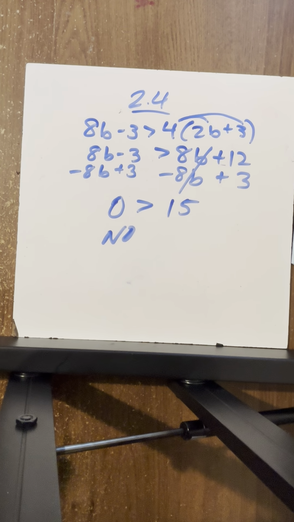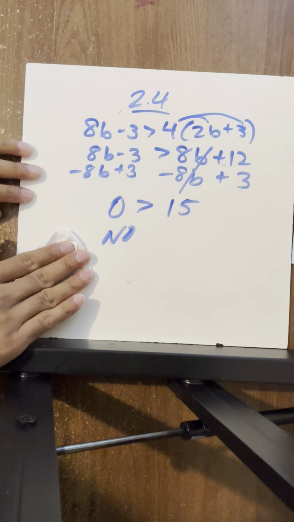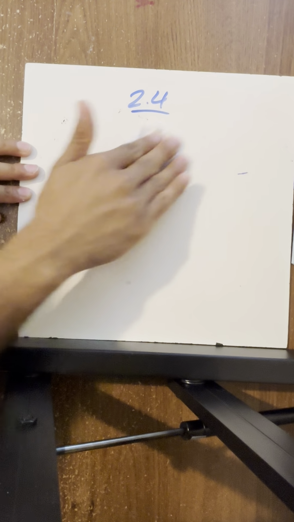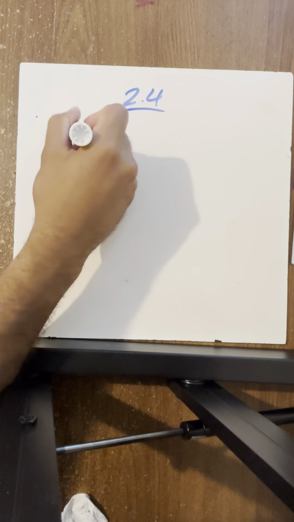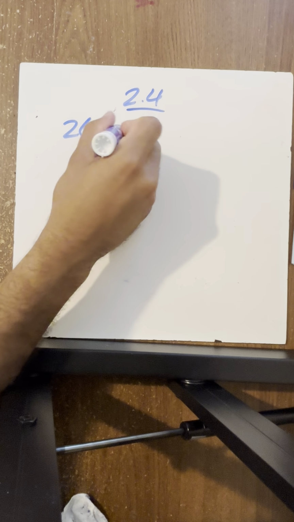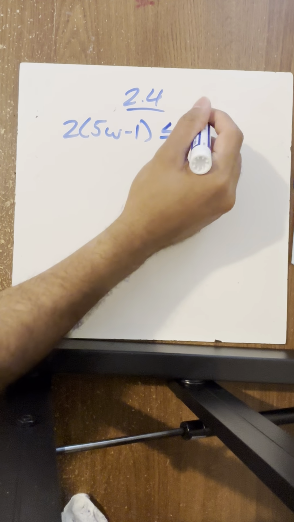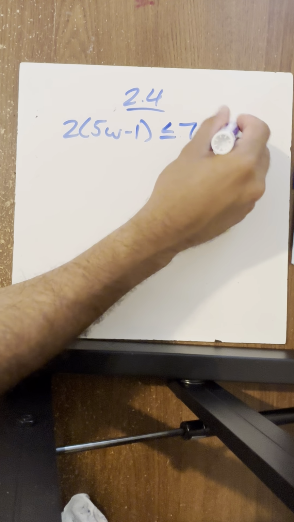Right. Let's go and take a look at the next question. So in this next question, we have 2 times 5w minus 1, all in parentheses, less than or equal to 7 plus 10w.